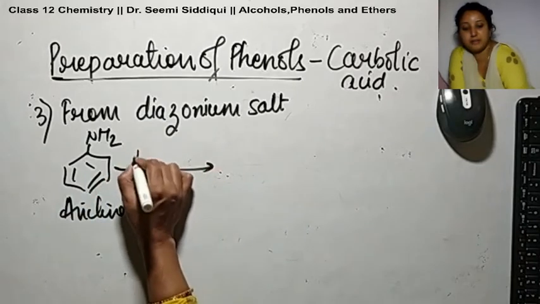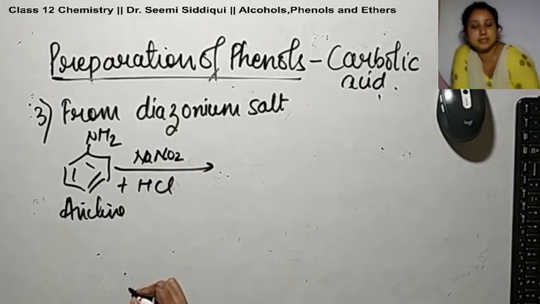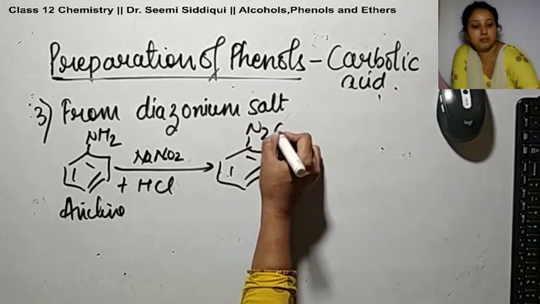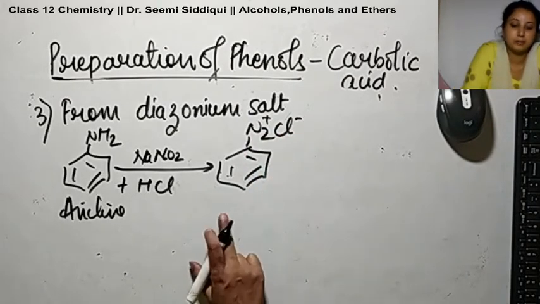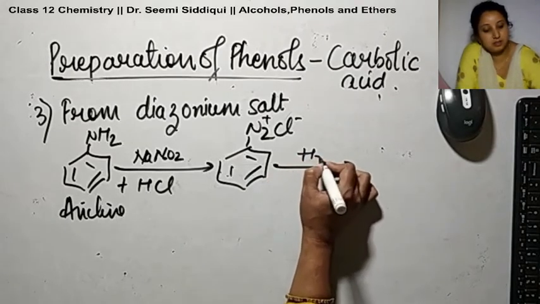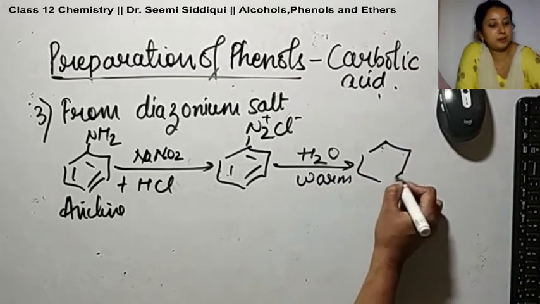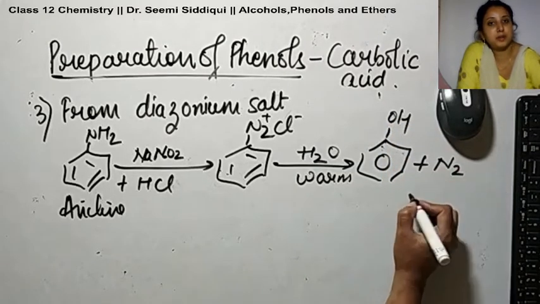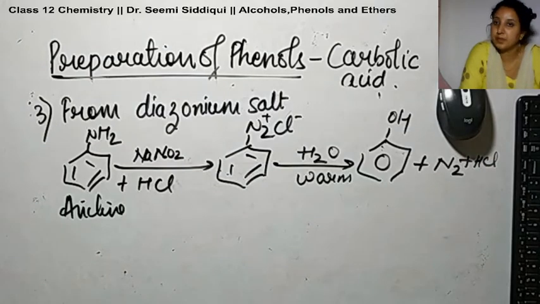Aniline is treated with NaNO2 in the presence of HCl, and we get the diazonium salt. Because I have written chlorine, it will be benzene diazonium chloride. It is heated in the presence of water, and we obtain phenol plus nitrogen plus HCl.